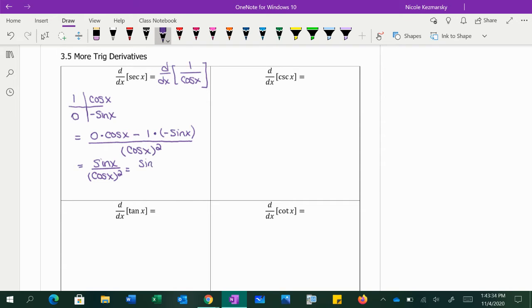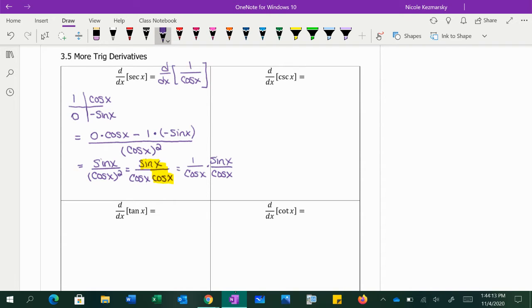So I'm going to say sine of x over cosine of x times cosine of x. And then I'm going to split these up. I'm going to take sine and the second cosine, just to make things simple enough. So that just made this 1 over cosine of x times sine of x over cosine of x.